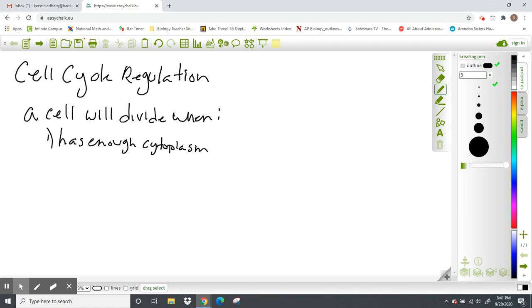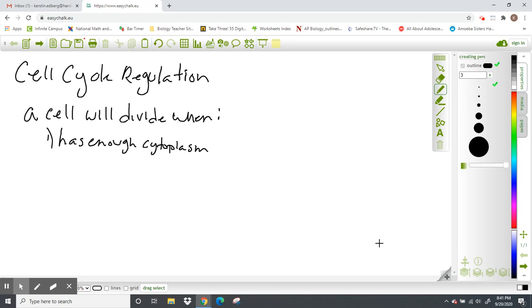One of the things it has to have enough of is the organelles, but also the cytoplasm, because one cell will at some point, more often than not, divide from one cell into two daughter cells. So the parent cell has to have enough cytoplasm to make two fairly good sized daughter cells so that they can grow from when they're made.